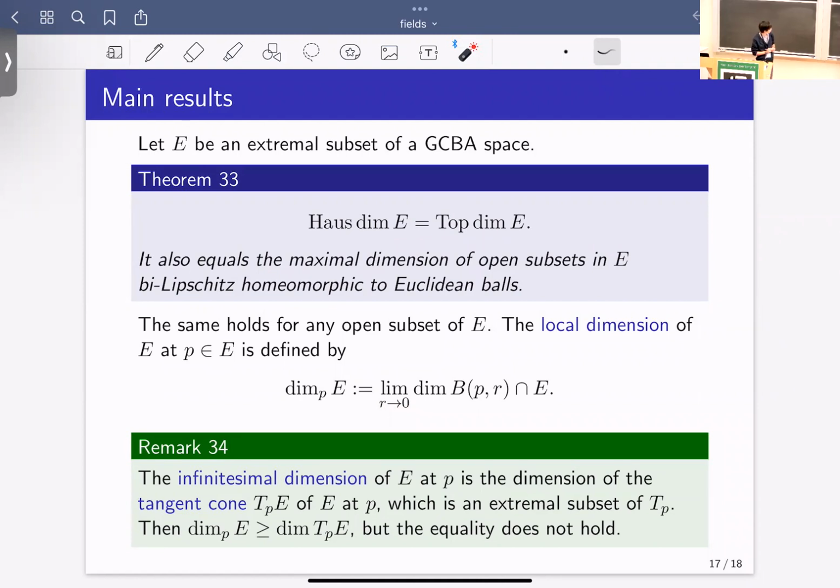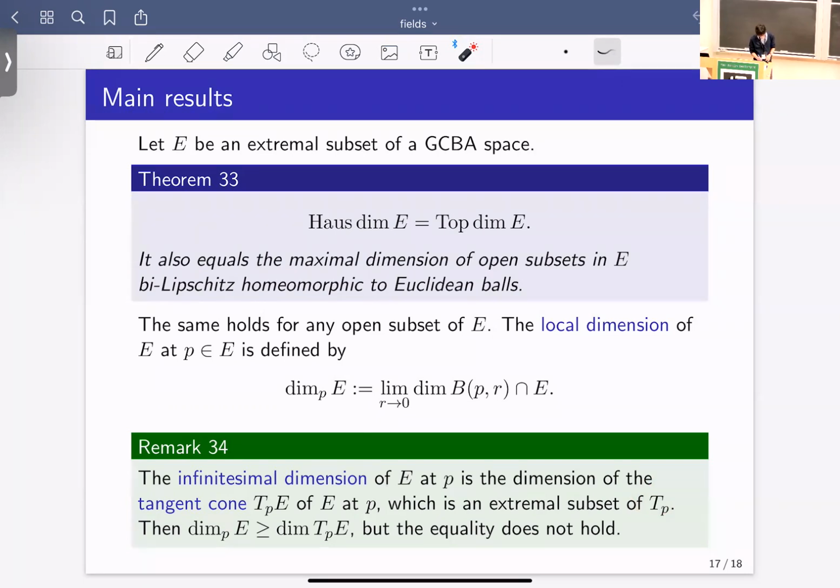Okay. And you can also define the infinitesimal dimension of E at p by the dimension of the tangent cone of E at p. So the tangent cone of an extremal subset is an extremal subset of the tangent cone of the ambient space. So the dimension is well defined.